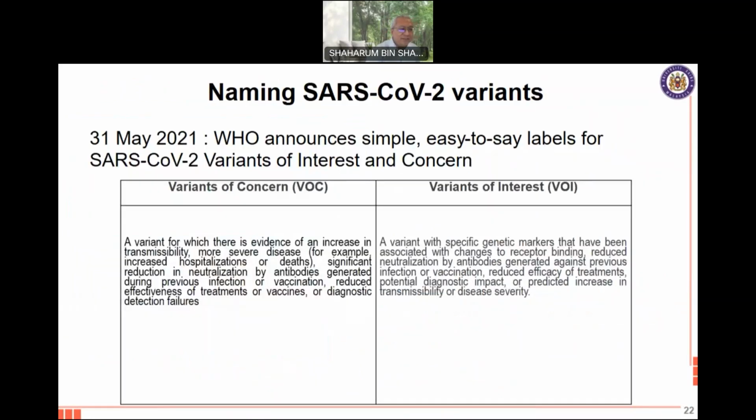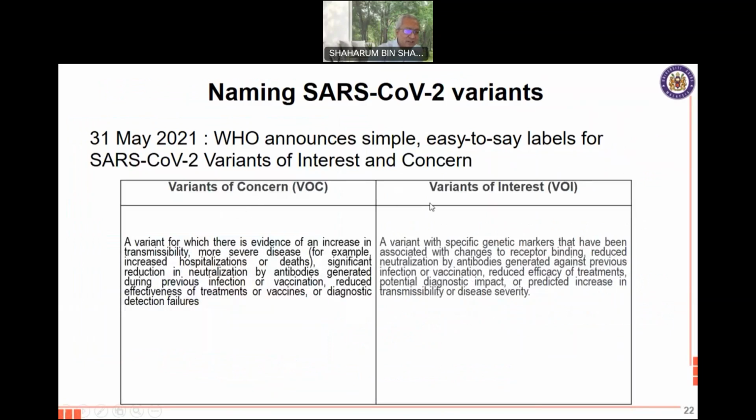Okay, and it took about a year. In May 2020, WHO came out with a new, easy-to-say way of labeling all the variants of SARS-CoV-2. The first is variants of concern, and the second is variants of interest.